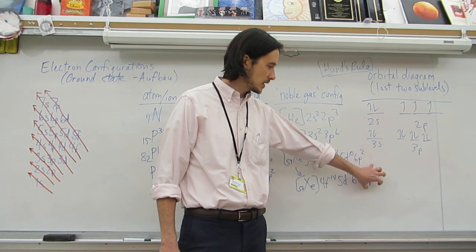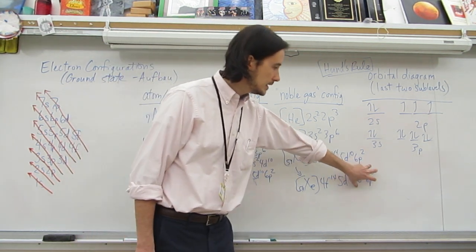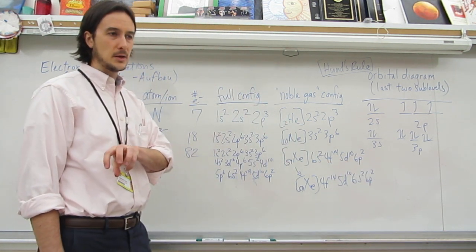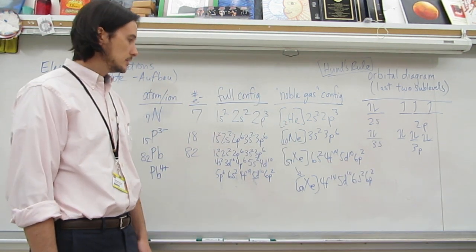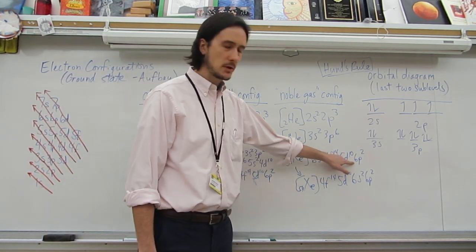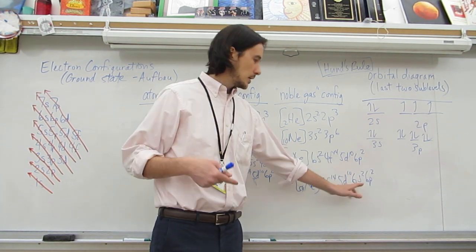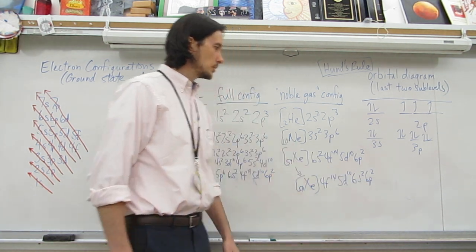So it almost makes sense to say, okay, those 2 can come out and it would be a +2 ion, or these 4 electrons would come out and that would be a +4 ion. So anyway, when you write these, it's a good idea to rewrite that so that you remember when you remove electrons, you remove them from the 6th energy level first.